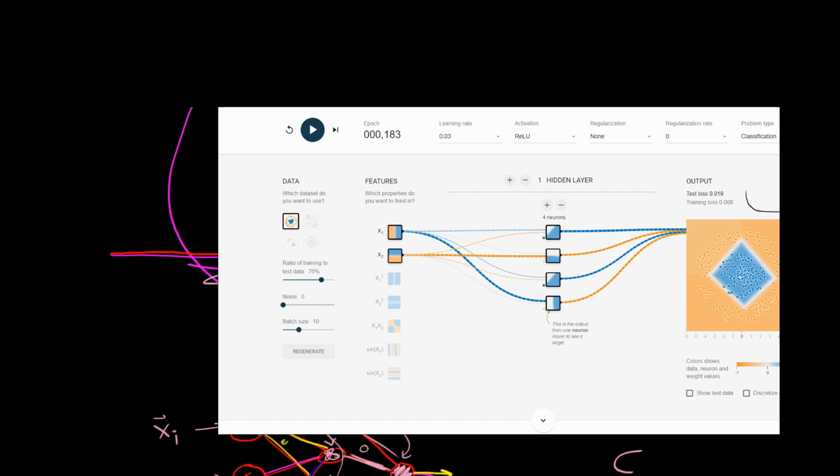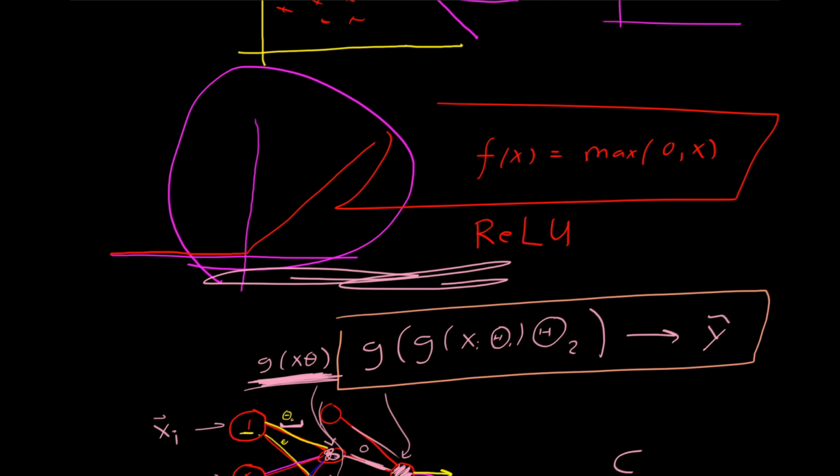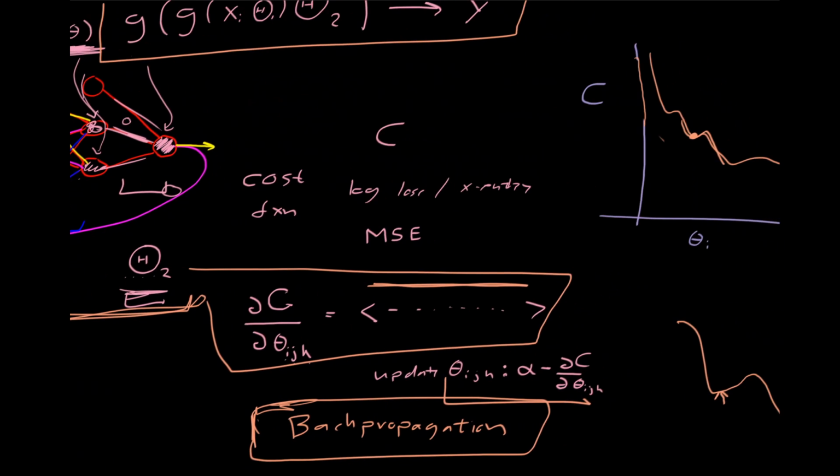I've been talking a lot about neural networks for classification, but I do want to emphasize that if we want to do a regression problem, like if we want to predict one or in fact many outcomes that are continuous, you can use mean squared error and it works just fine.